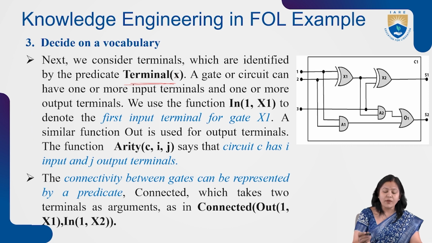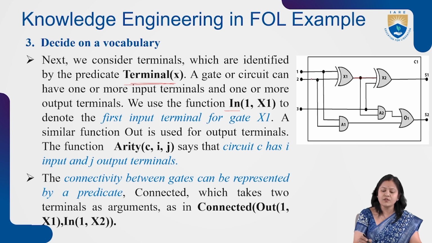Now how many inputs, how can we write them? Suppose input 1 is going to X1 and input 2 is going to X2. Now how can we write this? Using the function in. In within brackets 1 comma X1. What is the meaning here? The first input terminal to X1.